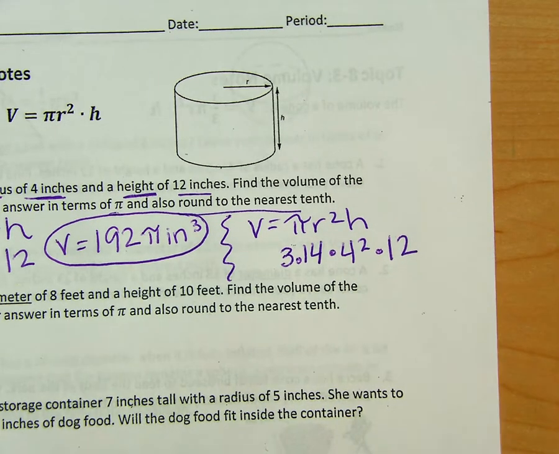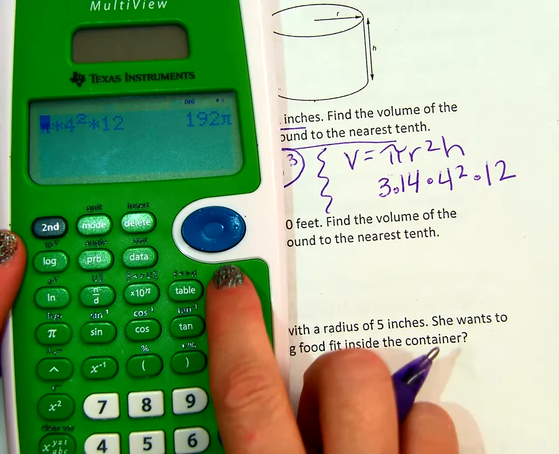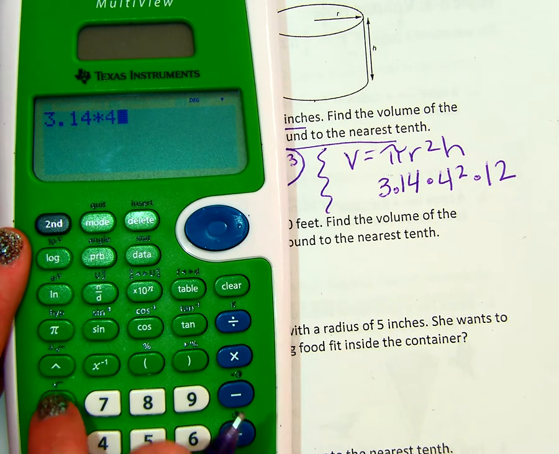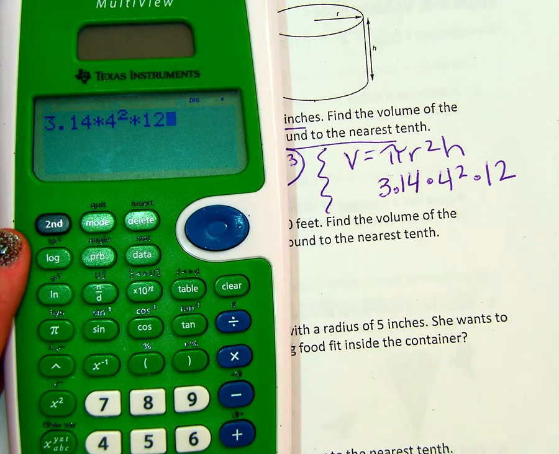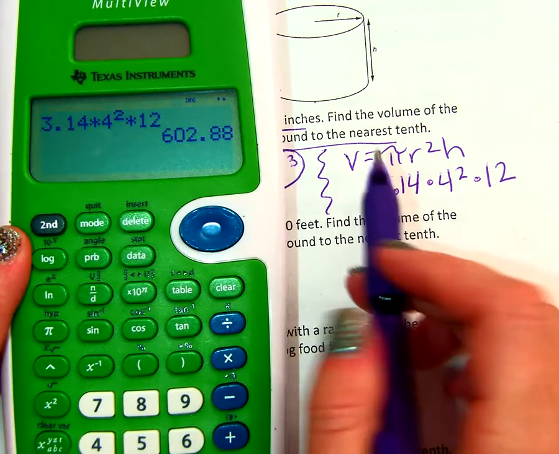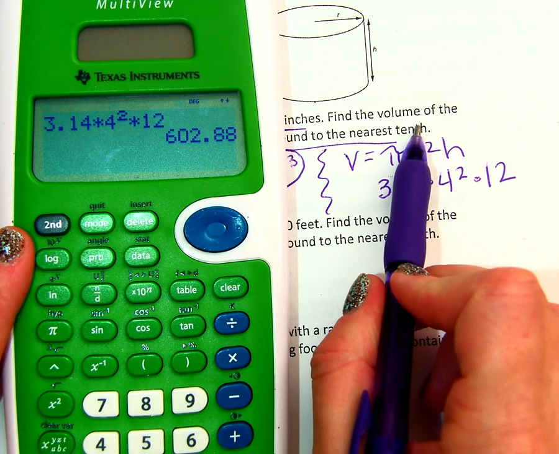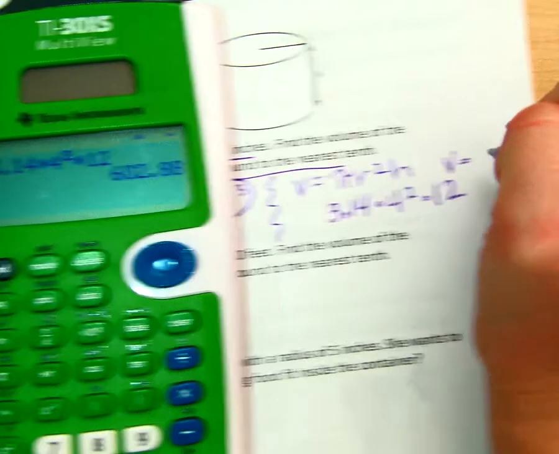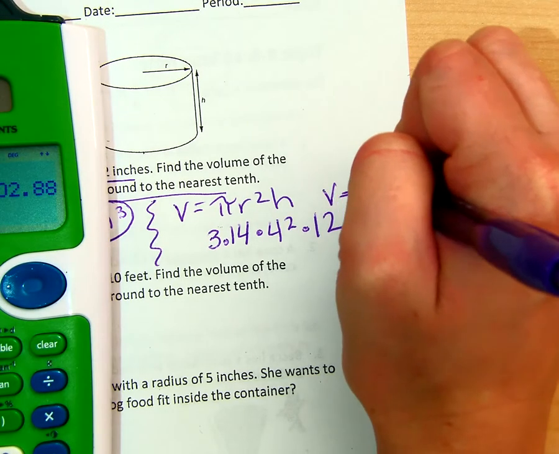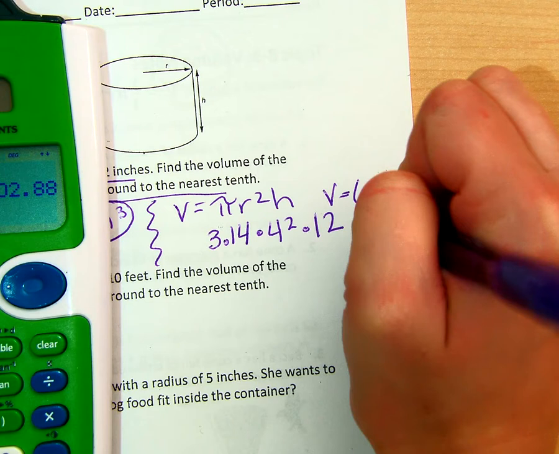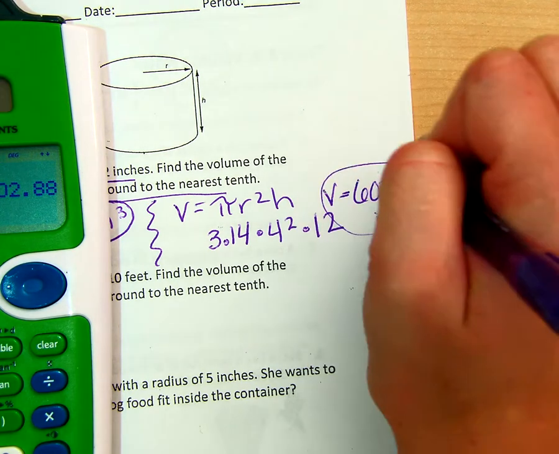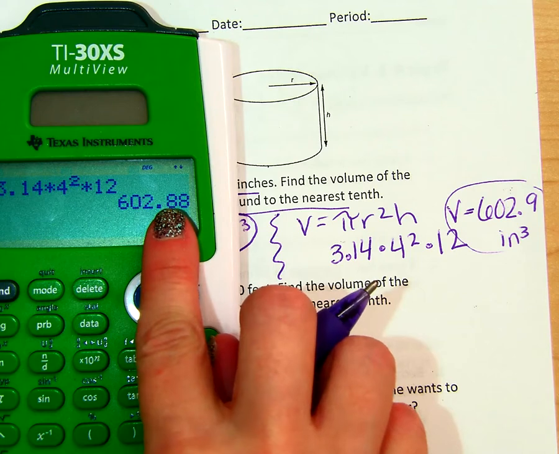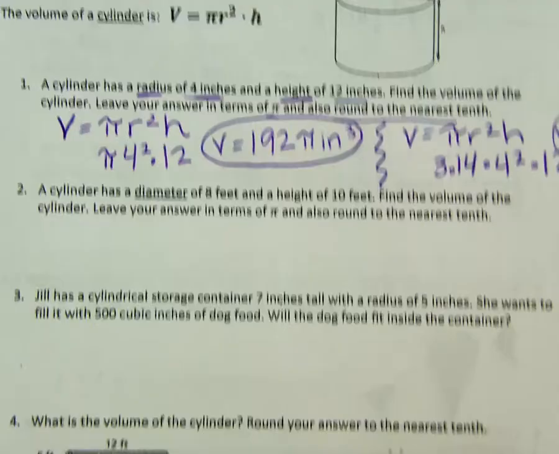We're going to take our calculator, type in 3.14 times 4 squared times 12. Hit enter, and it asks you to round to the nearest tenth, which is 1 decimal place. So our volume is going to be 602.9 inches cubed. Okay, that one's just having you round. 5 and above, give it a shove. Let's move on to number 2.